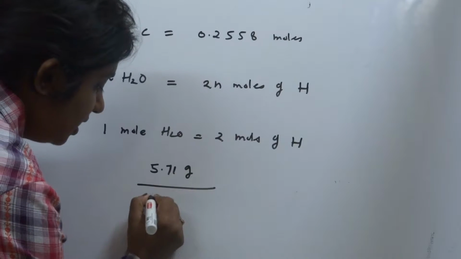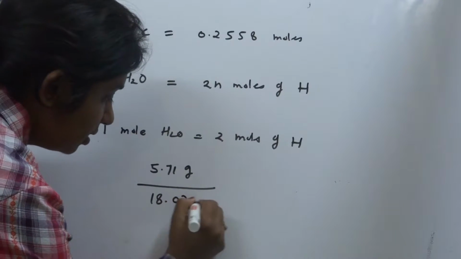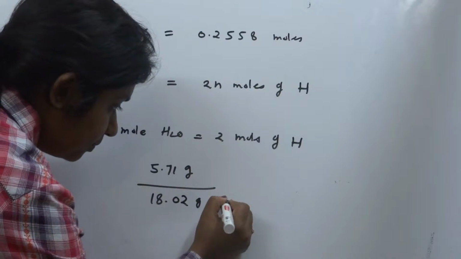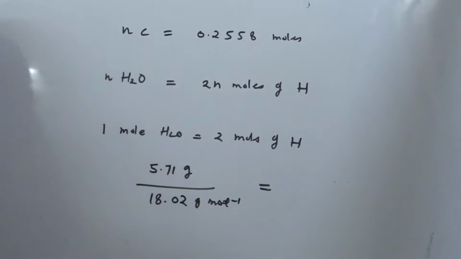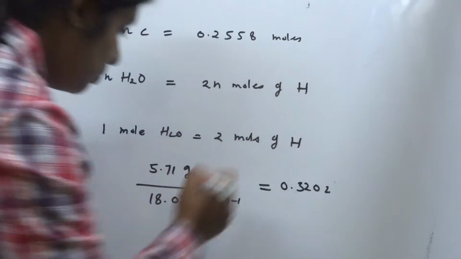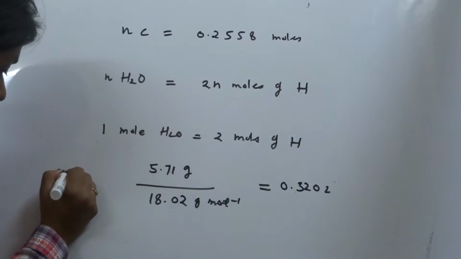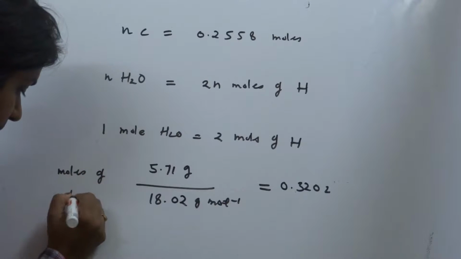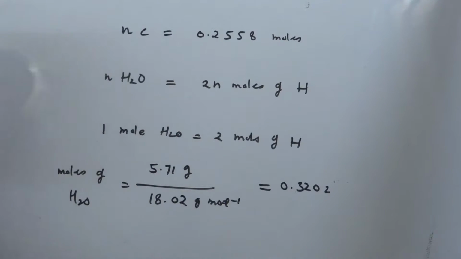Here in this case, mass of water is 5.77 grams divided by the molar mass of water, which I will get as 0.3202. So moles of water is equal to this much. Now if I want to calculate moles of hydrogen, I have to multiply this value by 2.